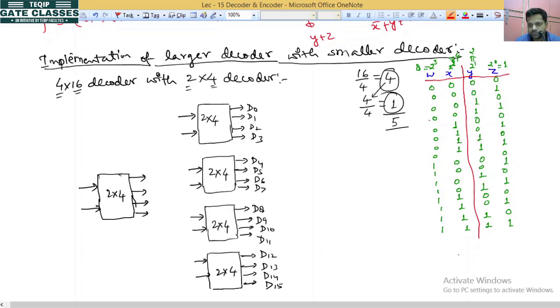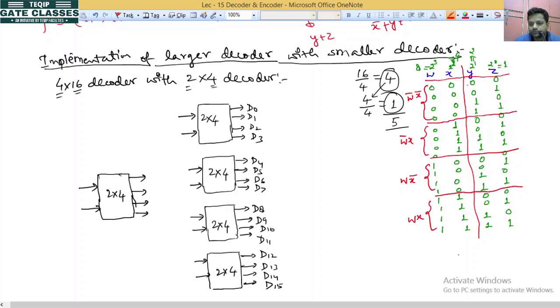Now if you see here, for all these we have the same value of w and x, so it will be w bar x bar. For this again we have the same, that is w bar x. For this we have the same value of wx, that is w x bar, or for this it is wx.